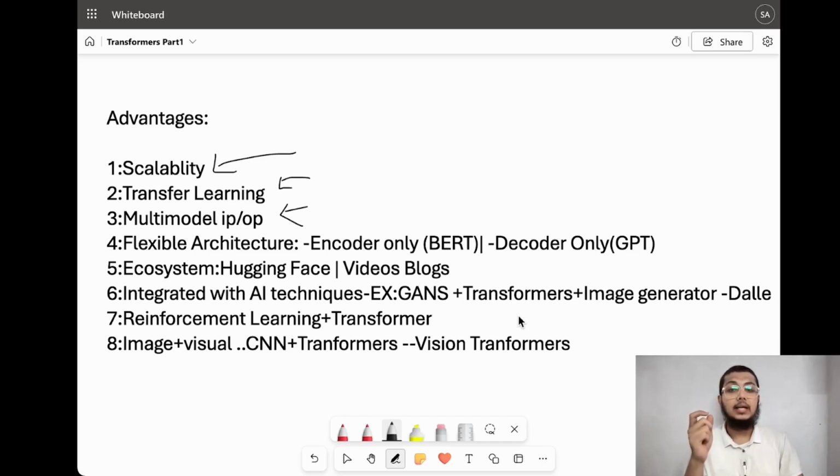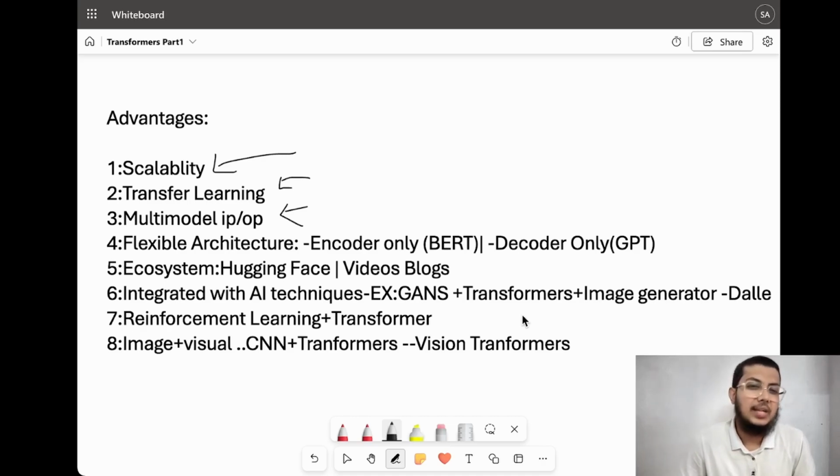Similarly, you can create an application for image caption generation or visual search where you integrate a transformer with a CNN. You must have also heard about vision transformer, similar applications. So on the whole, you can create interesting applications by merging transformers with different techniques.